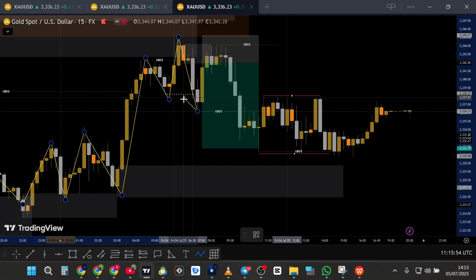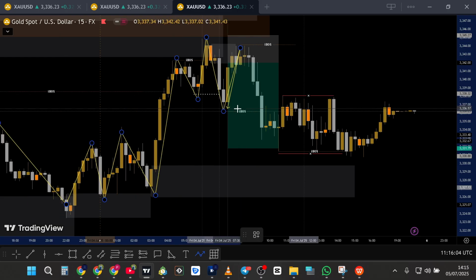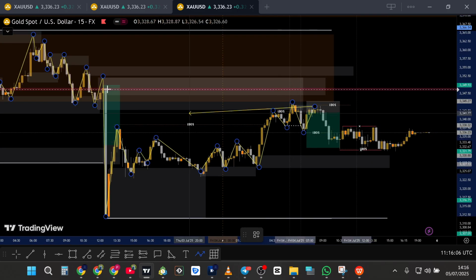Remember, this is a 15-minute. So after the change of character, we see the return, to the supply, and then continue to the downside. Now this was a very perfect trade, but I just didn't take it. Why? Because I feared again that we could be coming to this supply before continuing to the downside, because in this supply we didn't actually touch it here.